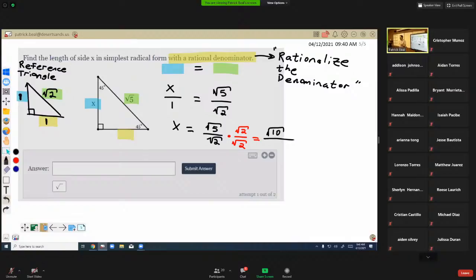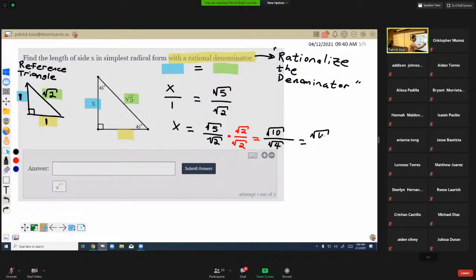Square root of 4, which can be simplified. Square root of 2 times the square root of 2 is the square root of 4, but that can be simplified. It's going to get rid of the square root. What is the square root of 4? It's just 2, exactly. Very good, Charlie.